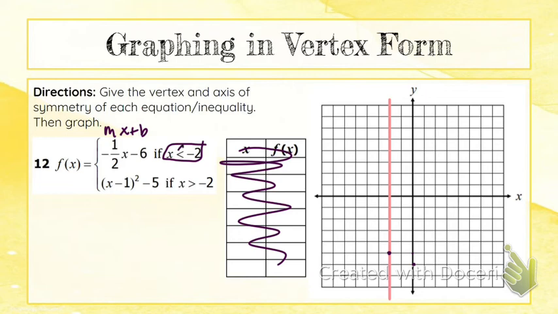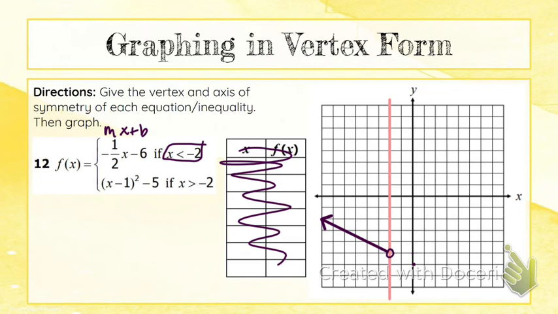But remember that this is not equal to -2, so we have to use an open circle here. And then we're going to keep following that rise 1, run -2, rise 1, run -2, and so on until we get all the way out here on our graph. So here we go. All right, so that's the first part of our graph.